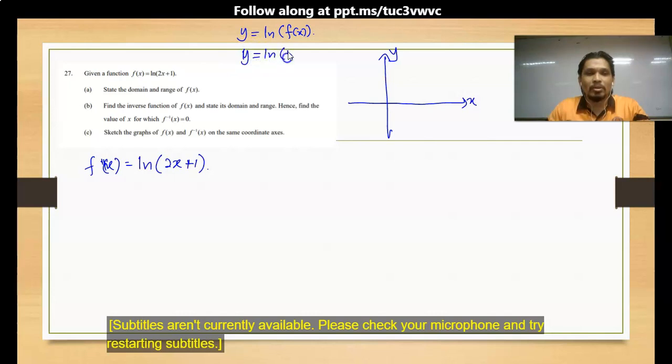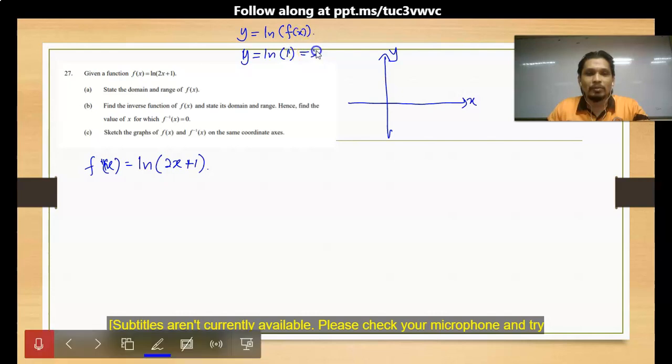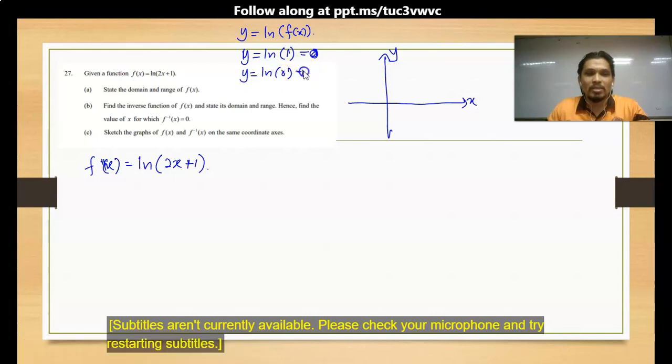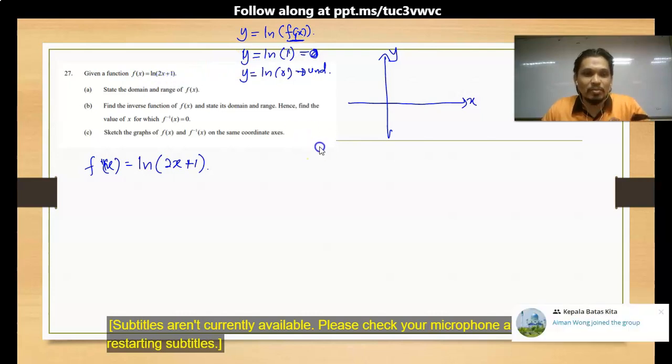As we know, natural log of 1 equal to 0, and natural log of 0 makes the whole function undefined. Now let's imagine that according to the question, f(x) is 2x plus 1.